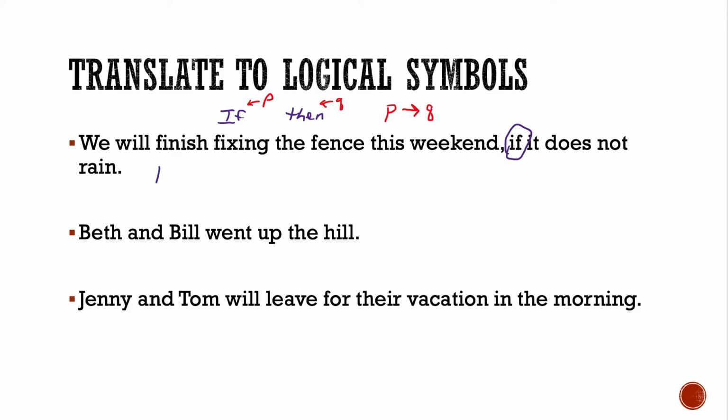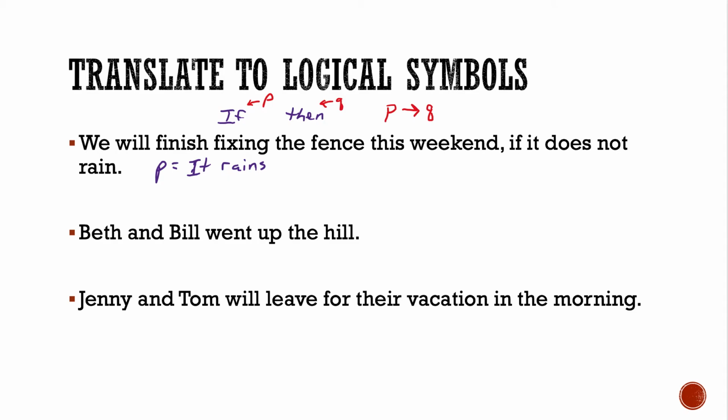Now, another thing that you want to be aware of is that it is accepted to write each of the simple sentences in the positive format. So I don't want to write for the P, it does not rain. I want to write for the P, it rains. Okay, so let me make sure that that's clear.